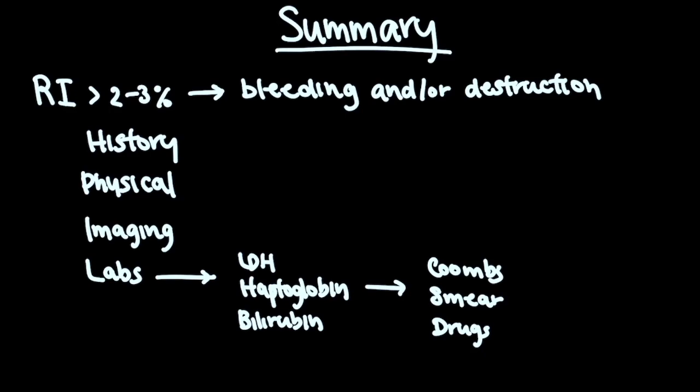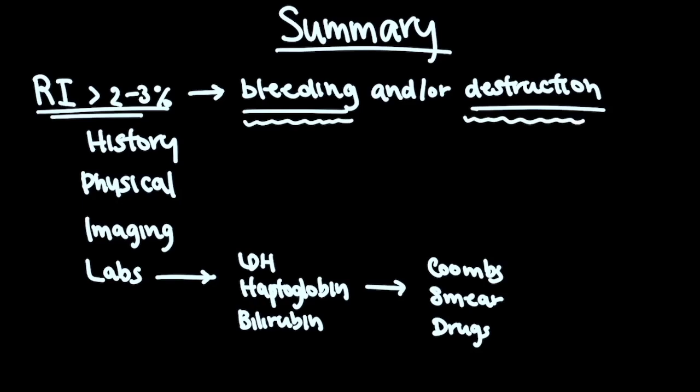So in summary overall, if the reticulocyte index is appropriately elevated in the state of anemia, we rule out any kind of input issues, and we default to thinking, hey, is there any kind of bleeding or destruction going on? And we can really rely on the history, physical, and imaging to tease out whether there's any kind of bleeding issue. If we are suspecting any kind of destruction problems, such as the hemolysis examples that we were talking about earlier, we can use some labs with the LDH, haptoglobin, and bilirubin to confirm whether or not there is actual hemolysis going on.